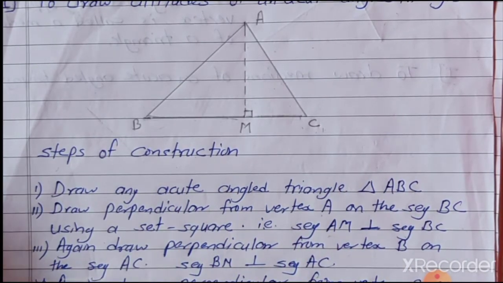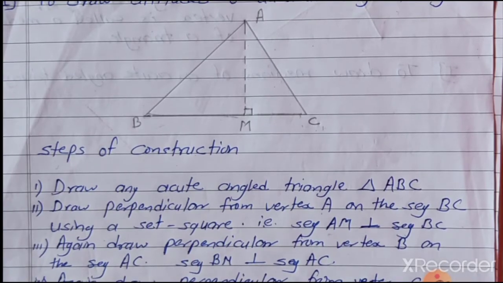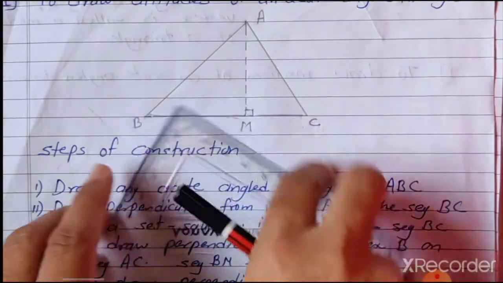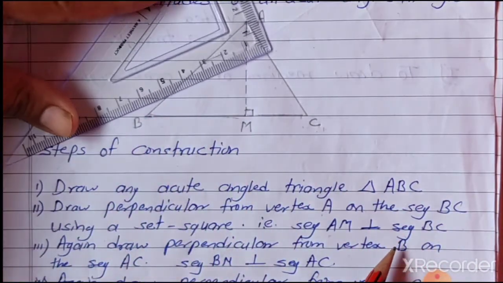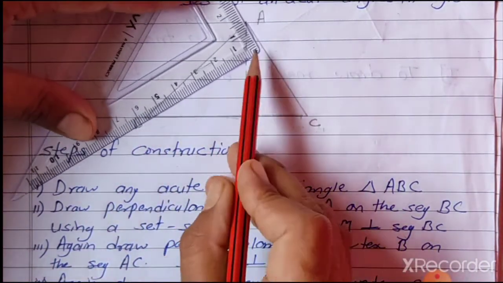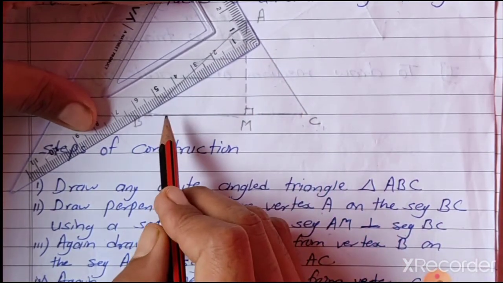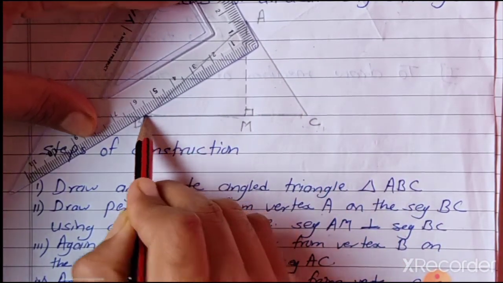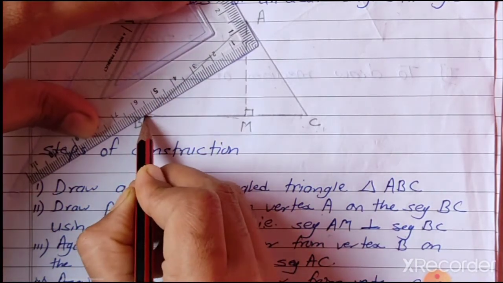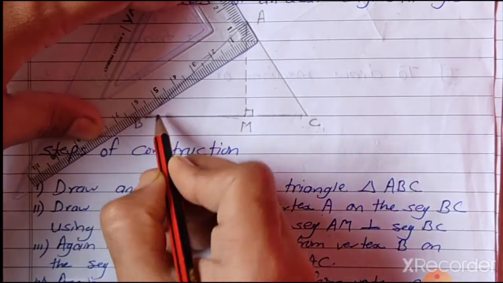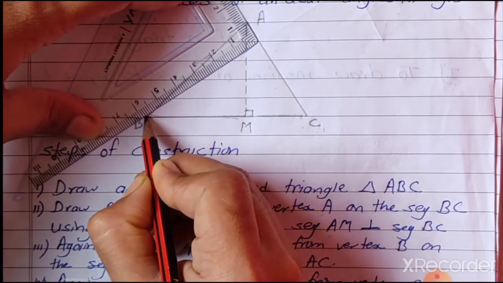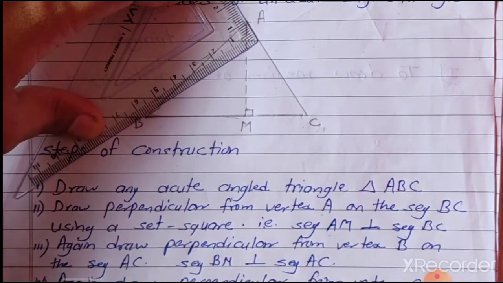Again draw one more perpendicular from, suppose, point B. So again place your set square like this, parallel to this segment AC, and put your pencil on this vertex B and draw the next perpendicular.